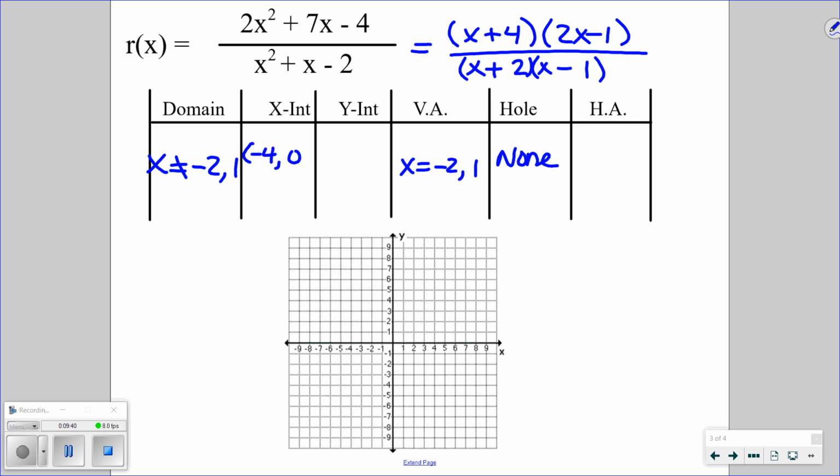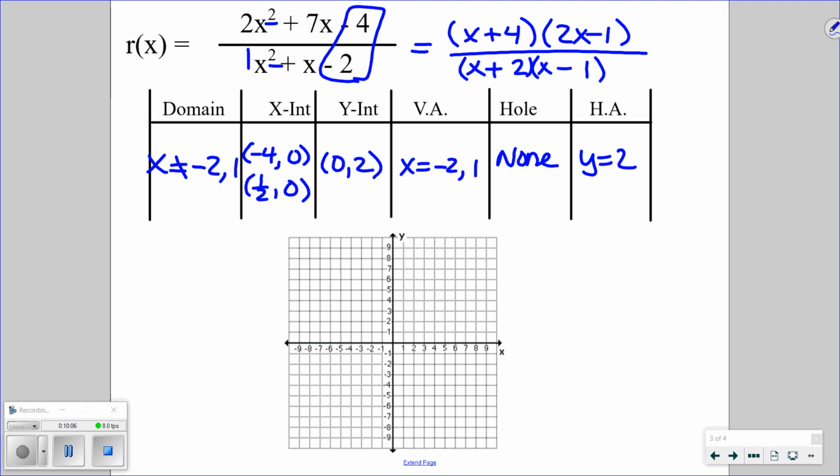So negative 4, 0 and 1/2, 0. Okay, and then for your horizontal asymptotes, compare the degrees. They are the same. So you divide your leading coefficients. 2 divided by 1 equals 2. And then for your y-intercept, divide the constant terms. So 0, 2 is our y-intercept.